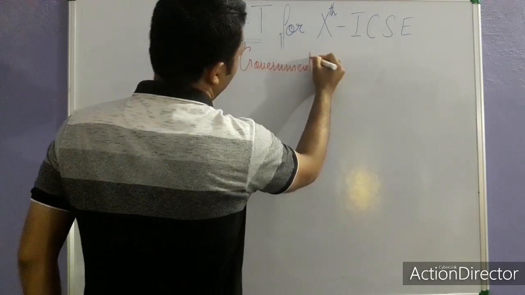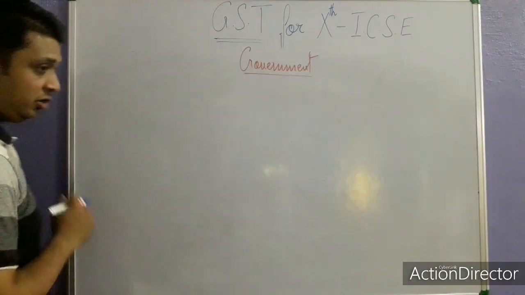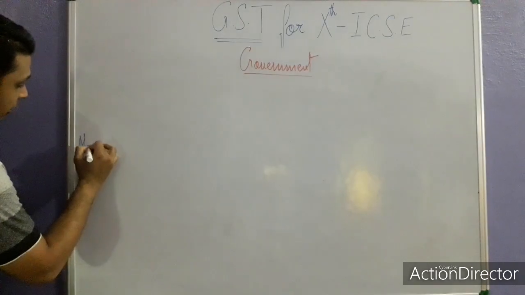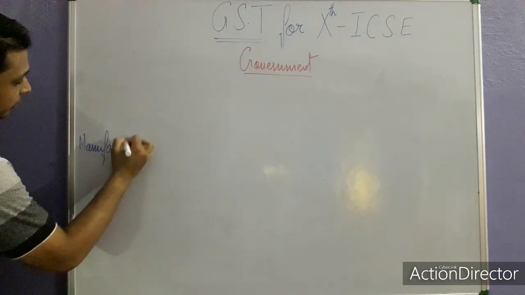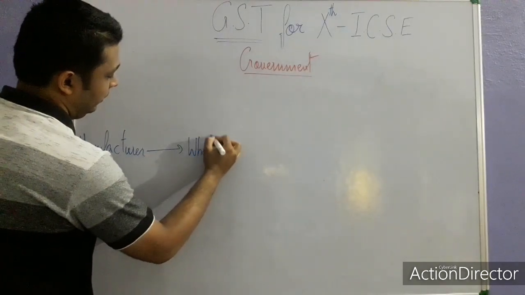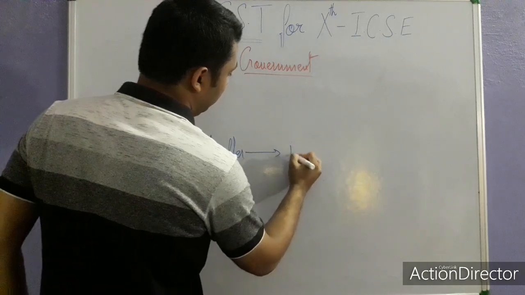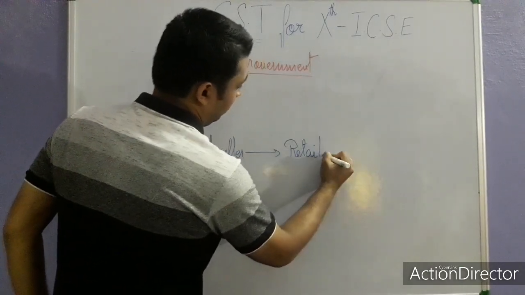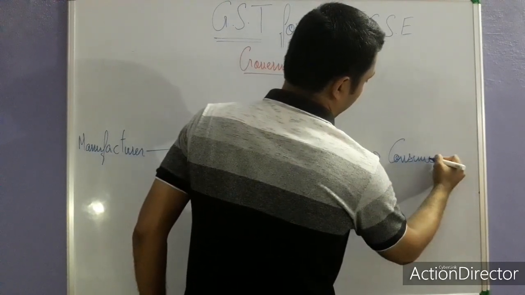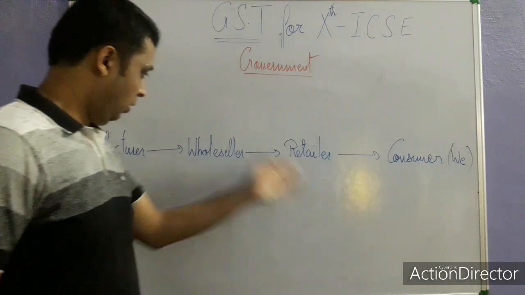And government is keeping a watch upon the transaction, and the example that we had taken in the previous video consists of a manufacturer, next was wholesaler, next was the retailer or dealer, and the last was consumer, or customer, or we should say that we are the one who is on this diagram.